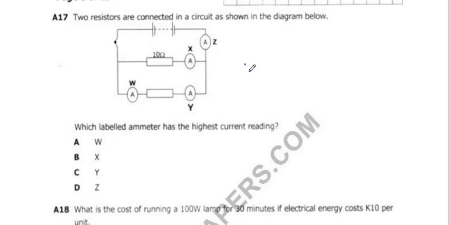We know that voltage is equal to current times resistance, right? And so current equals voltage over resistance. So the one with the highest resistance will give us the lowest current reading, and the one with the lowest resistance will give us the highest current reading.